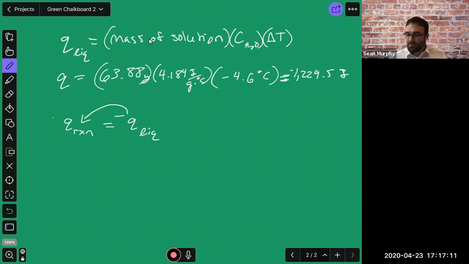So remember that the reaction is endothermic. The heat is coming from the surroundings to the inside of the system.